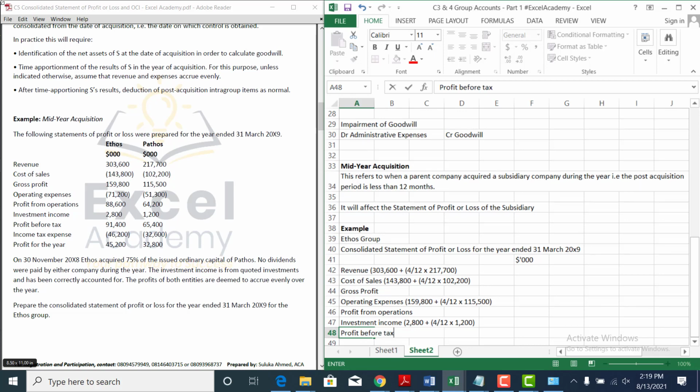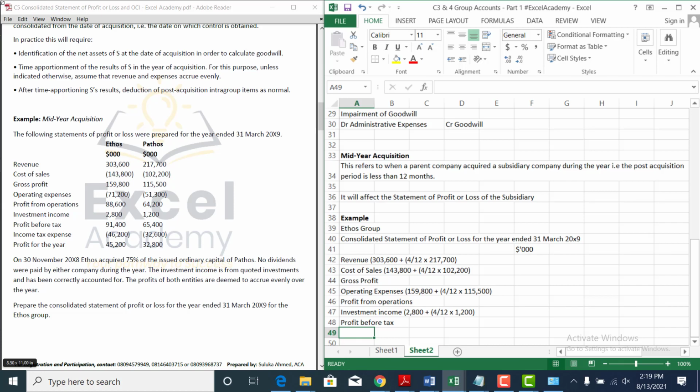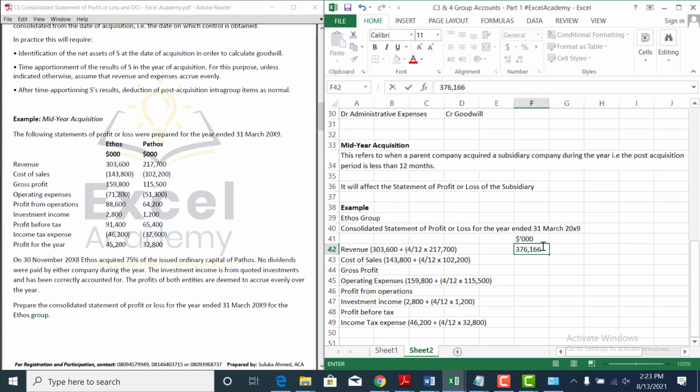Then we have income tax expense, that's 46,200 plus 4 over 12 of 32,800. Do we have any intra-group debt?